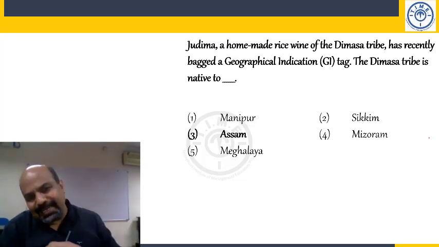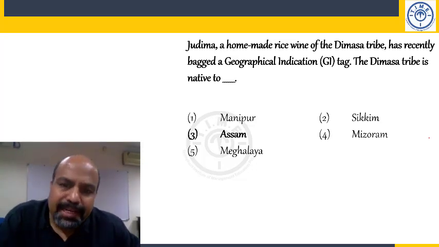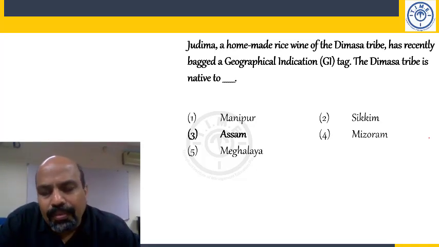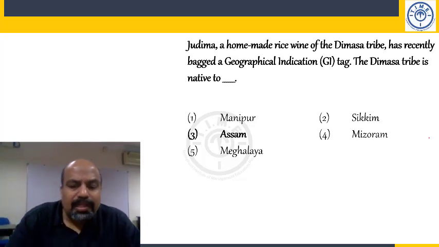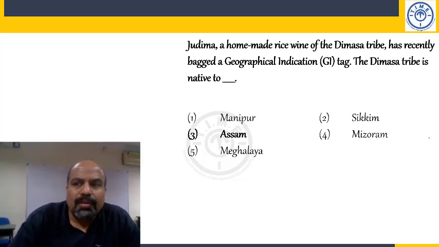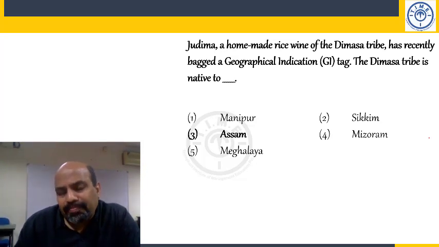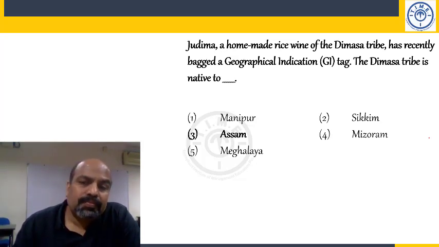Do you know what exactly a GI, geographical indication, is? Please write this down. It is given to products associated with a specific geographical origin.